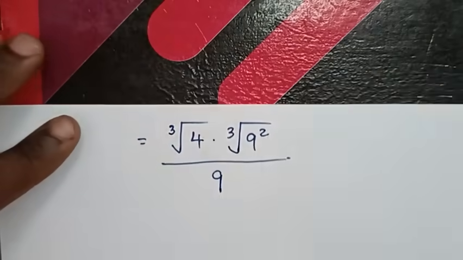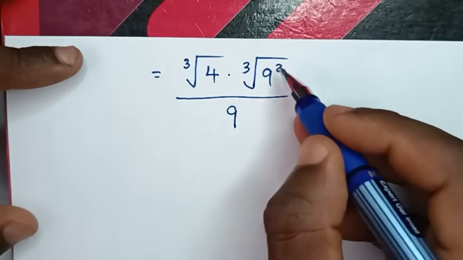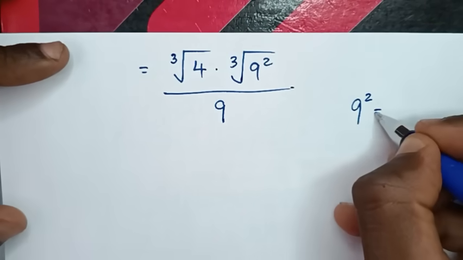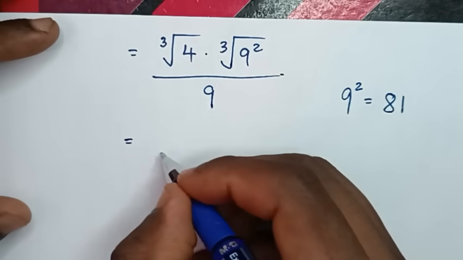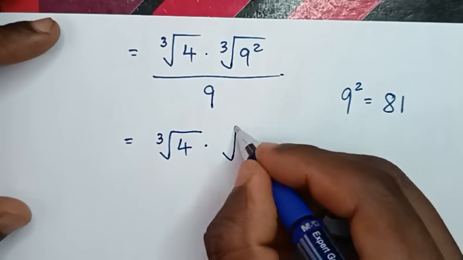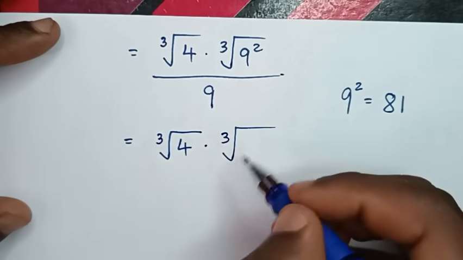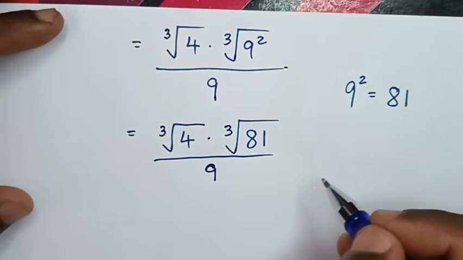Then in the next step, from here, 9 squared is equal to 81. So it will be equal to the third root of 4 times the third root of 81, over 9.